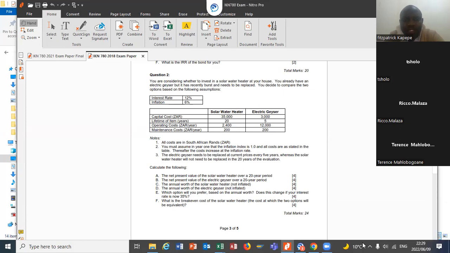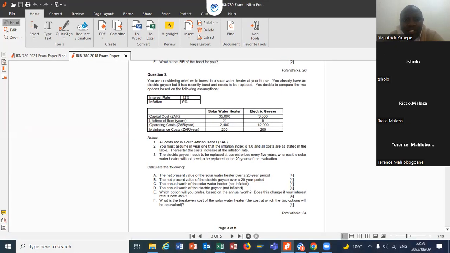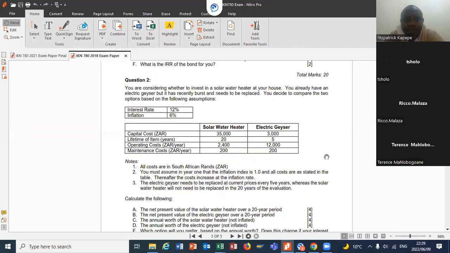Okay, it says you are considering whether to invest in a solar water heater at your house. You already have an electric geyser, but it has recently burst and needs to be replaced. You decide to compare the two options based on the following assumptions. Interest rate 12%, inflation 6%. The capital cost for the solar water geyser is 35,000 rands, electric 3,000.